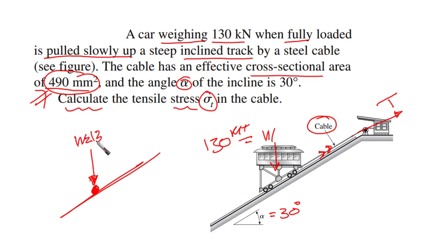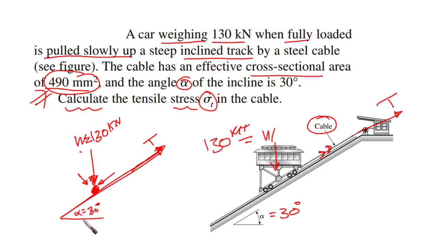Here it is given 130 kilonewton. And of course, this weight has two components, one in this direction and one perpendicular to it. And here we have a force that is being applied to pull the car, we can call it T, and we have the angle of the incline, which is alpha, it is 30.